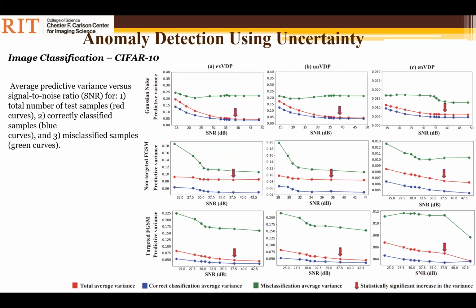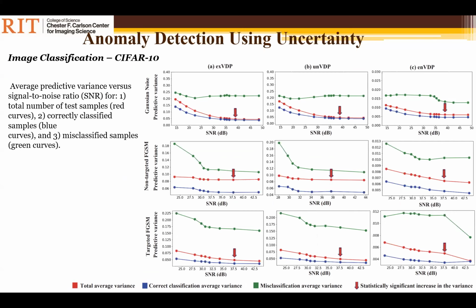Once we start injecting noise, we have the variance for those test samples under noisy conditions. So we run a pairwise statistical test, called the Wilcoxon signed-rank test, to see where the variance is going to be statistically higher, with a p-value of 0.01. We refer to that level of noise as the point after which the sample is going to be anomalous.